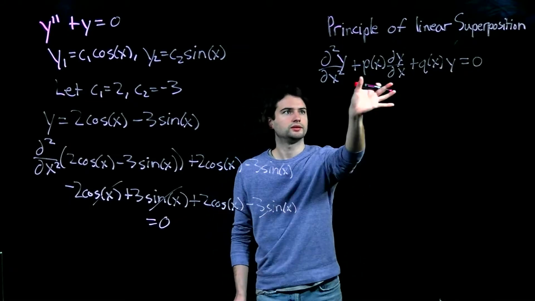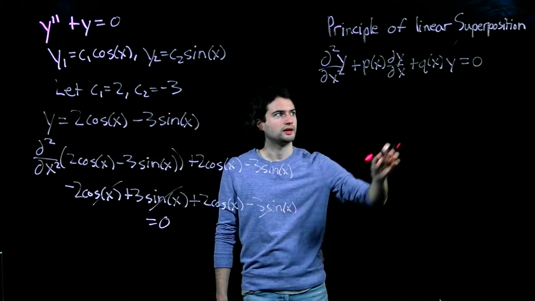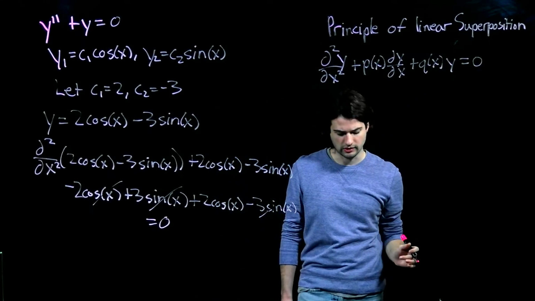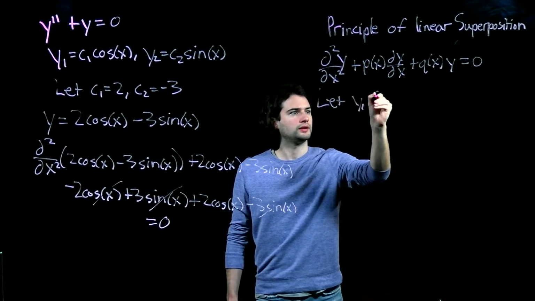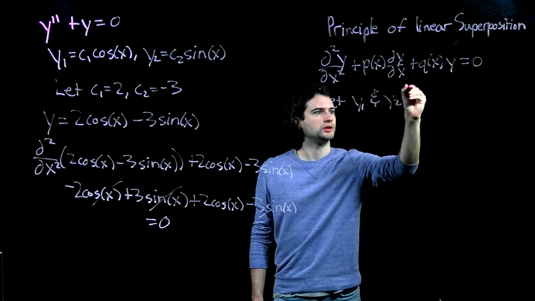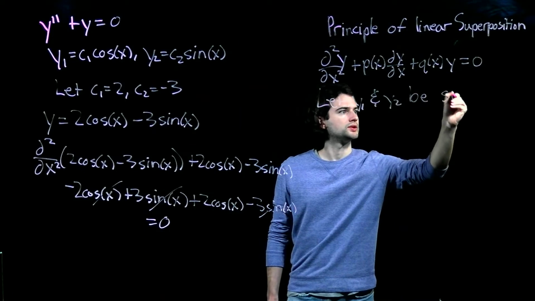So this is linear, there are no cross terms with y's, and it's homogeneous because it's equal to 0. And so let y1 and y2 be solutions.